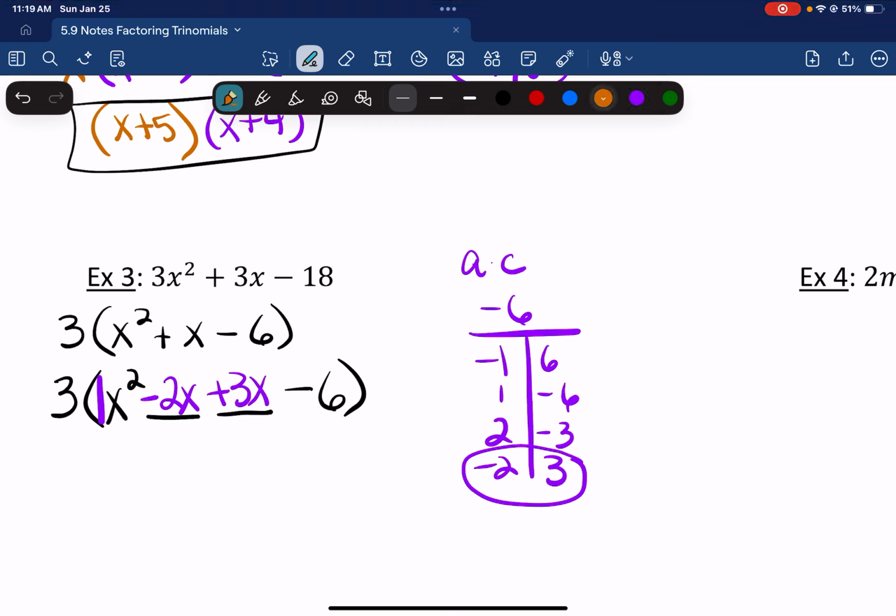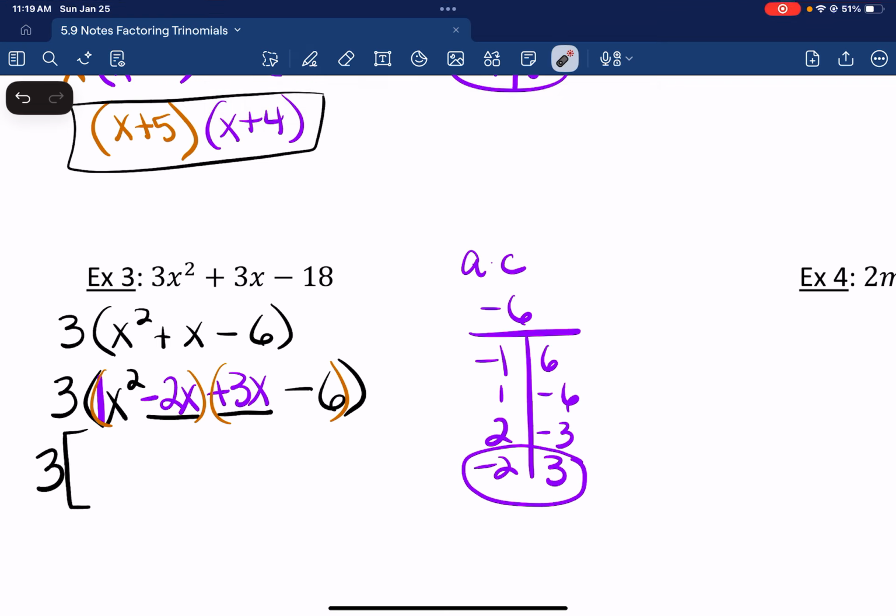And now we can group our first two terms and our last two terms together. Because I already have this big set of parentheses, I don't like having too many. It's kind of hard to look at. So I'm just going to change this to a 3 and then a bracket. Now I have this first binomial, x squared minus 2x. Both of those are divisible by x.